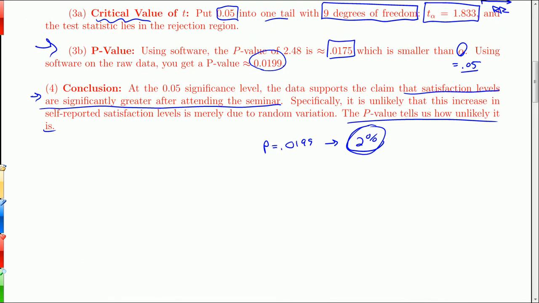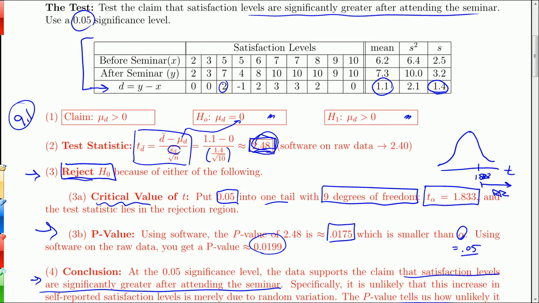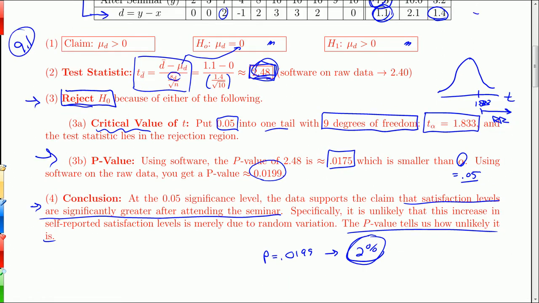Right? So notice in the first case when we did paired differences, we actually did come away and say it looks like the seminar works. And notice the difference in means was the same. Right? So here the difference in means was the same, actually 1.1. And that was a significant increase.